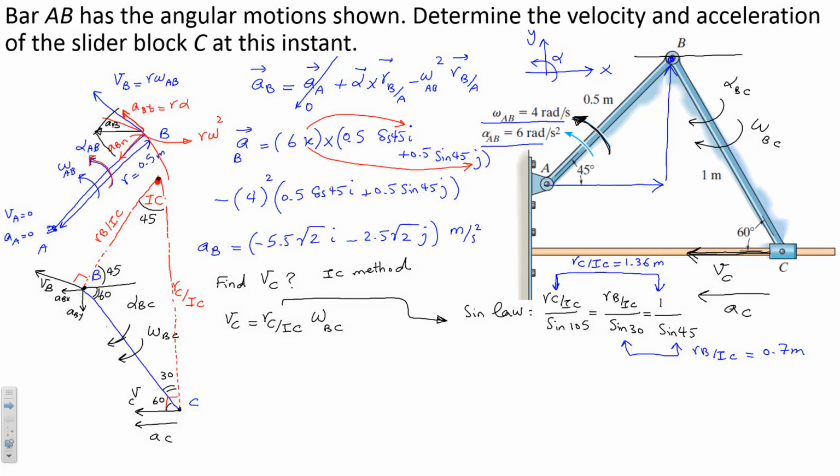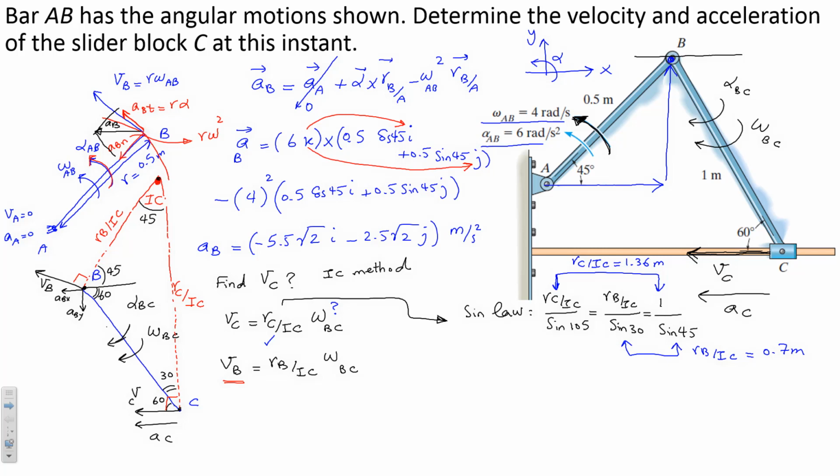So I have RC/IC in this equation, but how can I find omega BC? To find omega BC, I can use another equation. VB is also equal to RB/IC times omega BC. Do I know VB? Yes, from link AB.